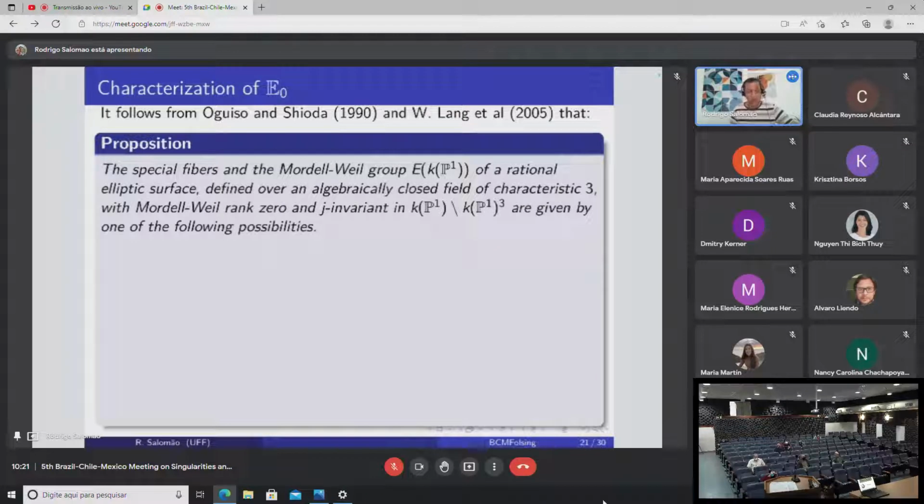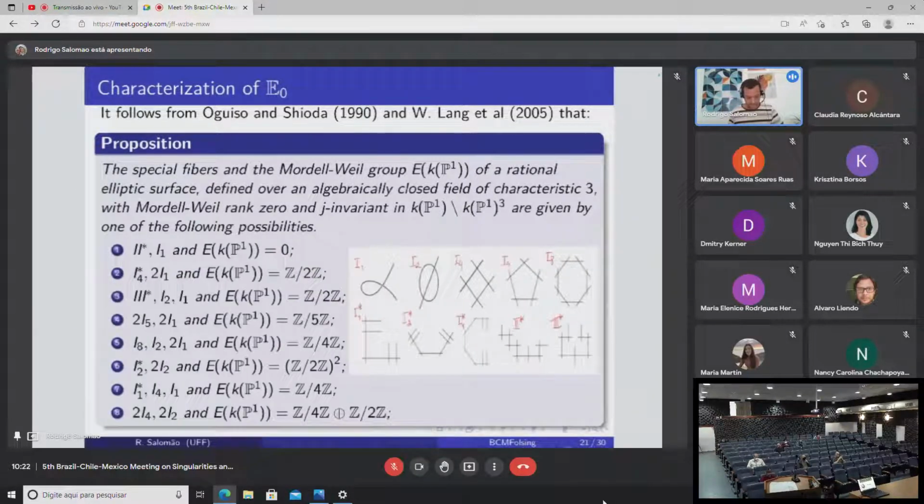Well, to do this, we observe a proposition which is a consequence of results from Oguiso and Shioda and William Lang and other authors, which characterize the possible special fibers and possible Mordell-Weil groups for fibrations by elliptic curves on rational elliptic surface over algebraically closed fields of characteristic 3, okay, with Mordell-Weil rank 0.